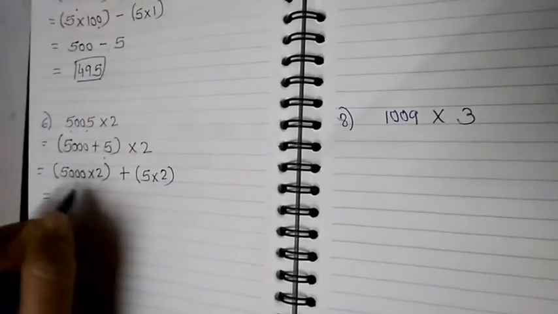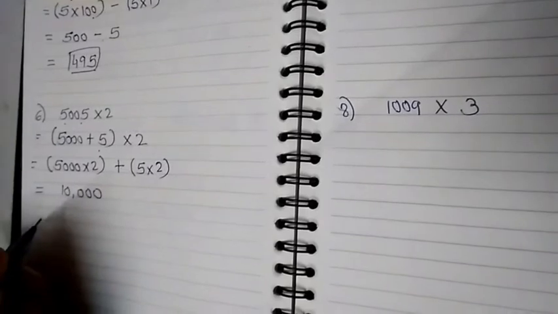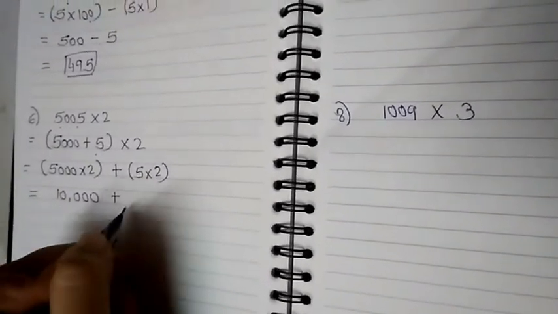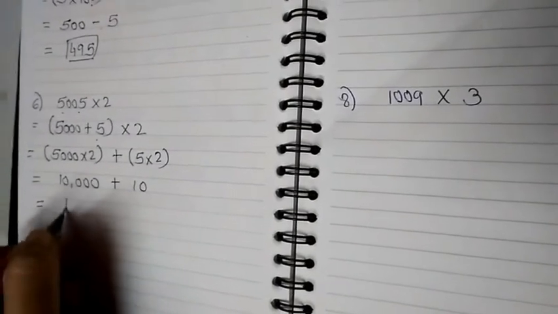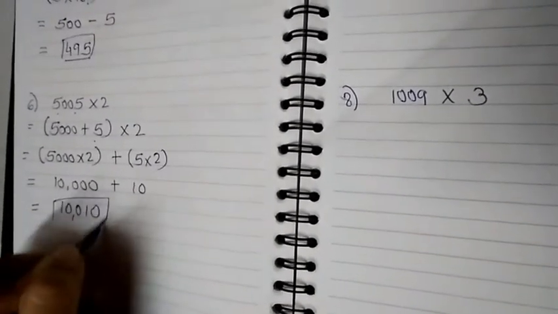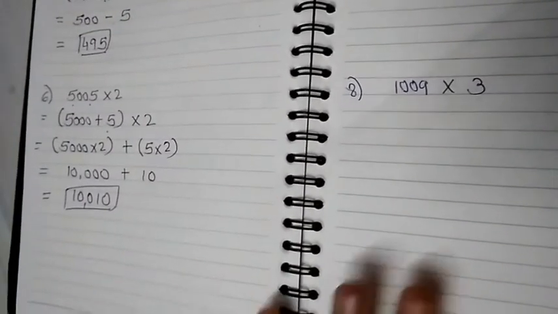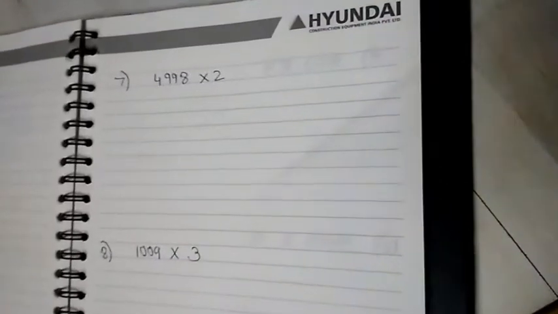So 5000 multiplied by 2 will give you 10,000, plus 5 multiply 2 will give you 10. So what answer you got? You got 10,010.